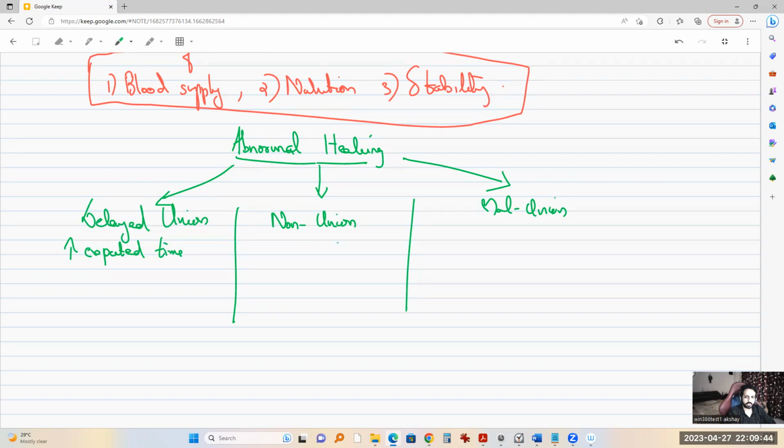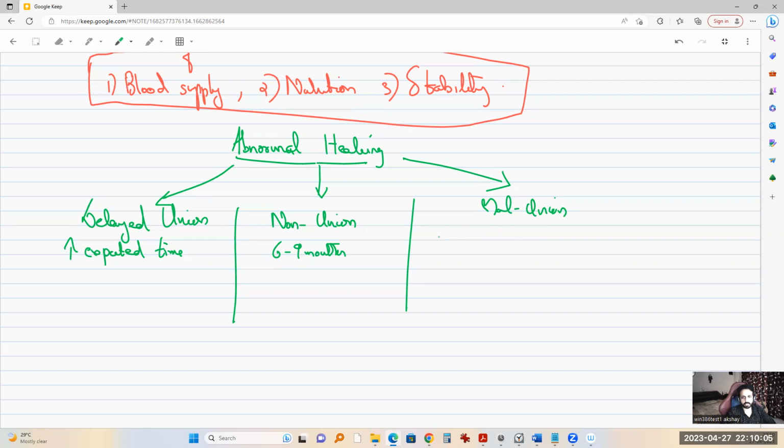And in non-union, the bone does not heal at all without any intervention. Even after 6 to 9 months, the bones don't join, the fracture does not heal.